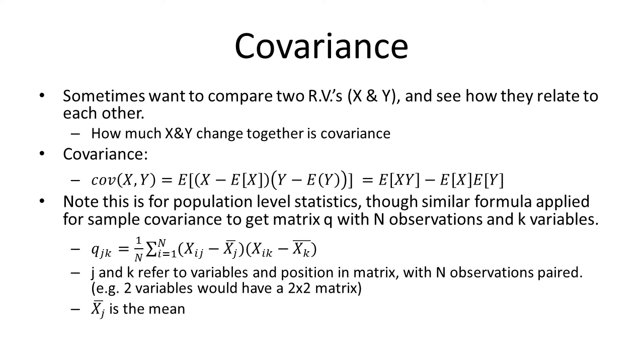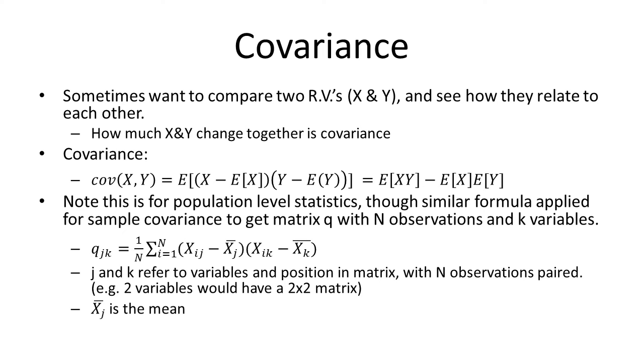It's not usual that we're dealing with population level statistics, though. So what's more important for us is the sample covariance. That's typically what we're going to be interacting with and what you should be more comfortable with. So here you have the matrix Q, which is k by k variables. So let's say that you want to see the covariance for x and y.